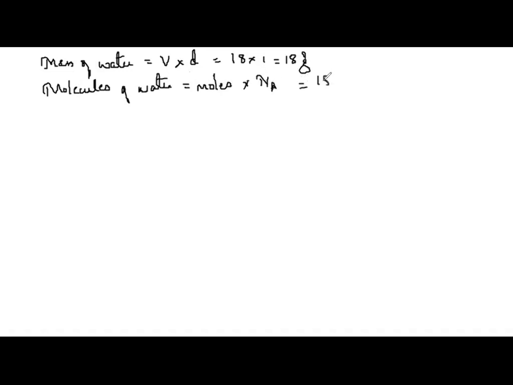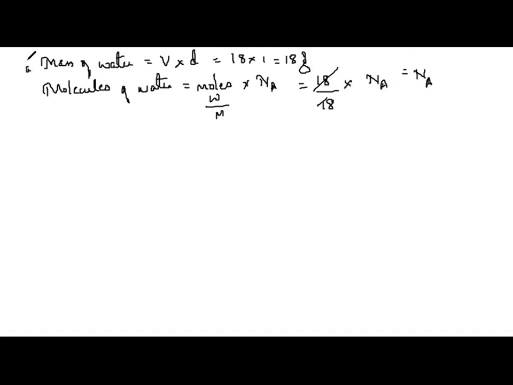That is nothing but 18 divided by 18, because number of moles, I know the formula, given mass upon molar mass, into Avogadro number Na. Correct? So 18 gets cancelled. So it is Na. So how many molecules of water are there? Na. Here you should understand it, because mass of water and molecular mass is same. Therefore it will have Avogadro number of molecules.